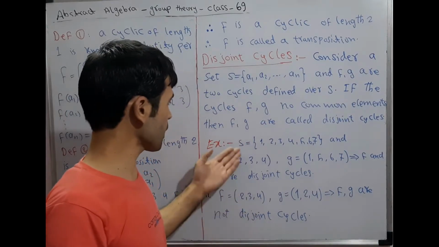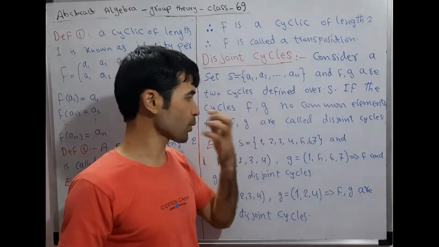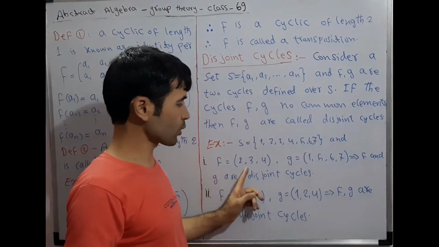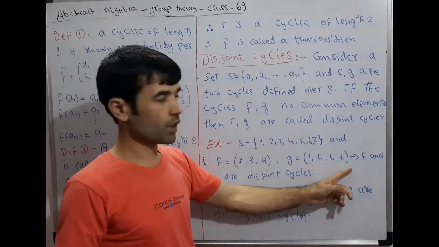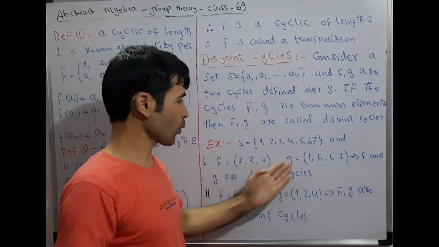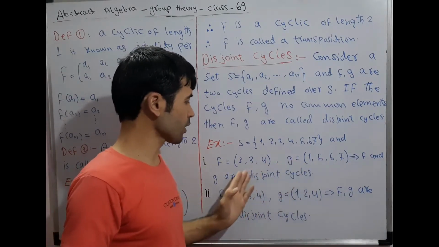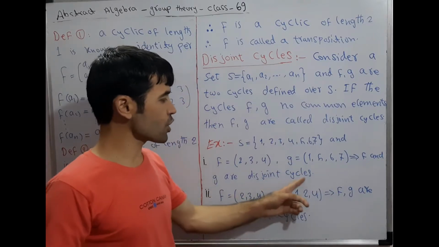Here is an example: S equal to {1, 2, 3, 4, up to 7}. Number 1: f is equal to (2 3 4), g equal to (1 5 6 7). If we see, there is no joint element, they don't have common elements. Therefore, we say that f and g are disjoint cycles.